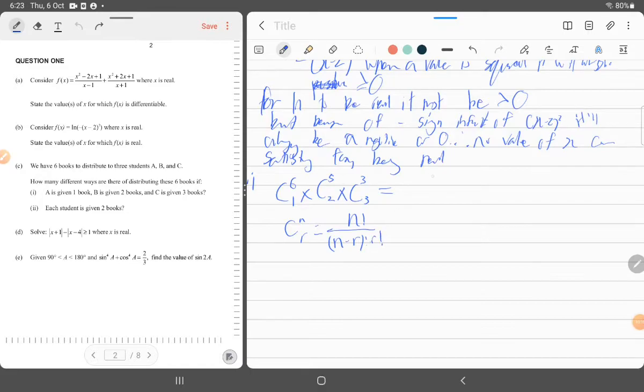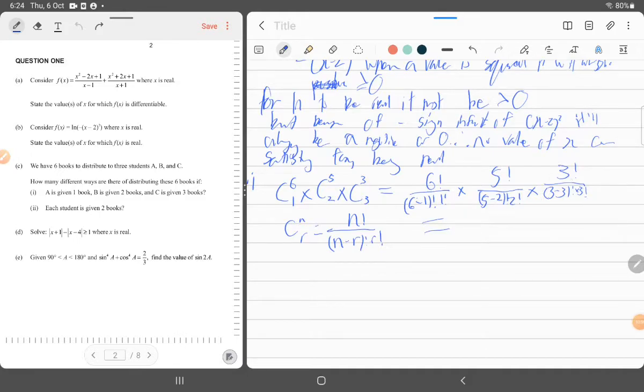So 6 factorial all over 6 take away 1 factorial times 1 factorial, times 5 factorial all over 5 take away 2 factorial times 2 factorial, times 3 factorial over 3 take away 3 factorial times 3 factorial, which is literally just 1.